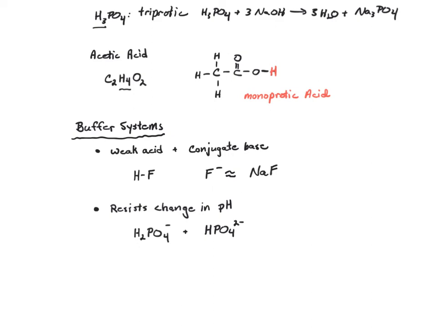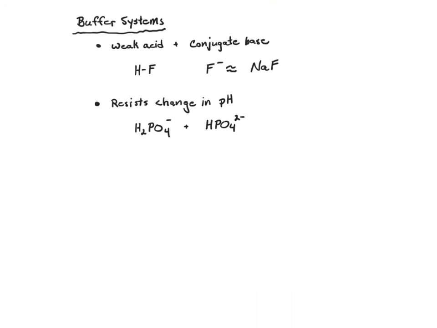But what we need to be able to do is to recognize whether or not a system qualifies as a buffer system. Okay, so we have to look at it to see if it's a weak acid with its conjugate base. Now, here are some examples of things that are not buffer systems. For example, we could have HCl combined with sodium chloride.